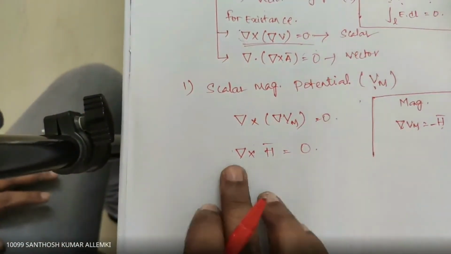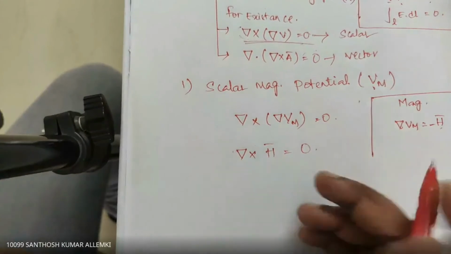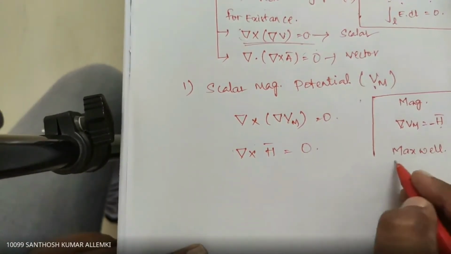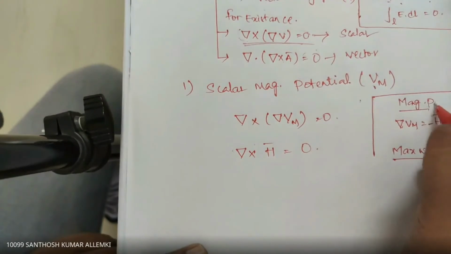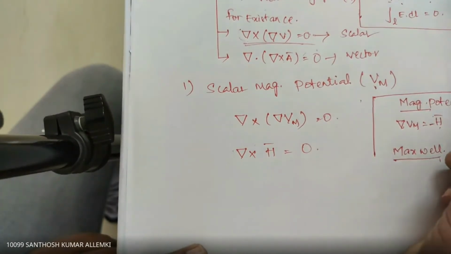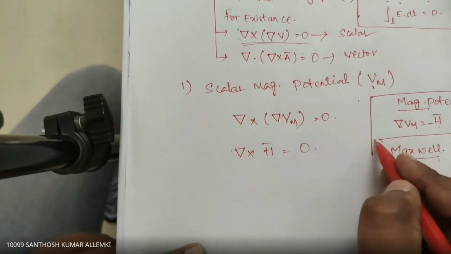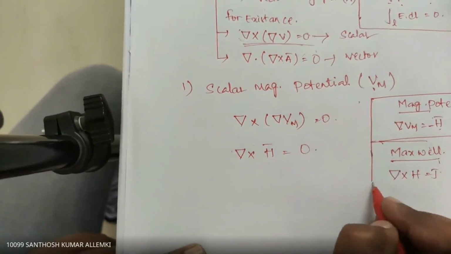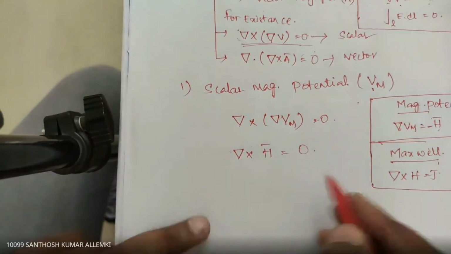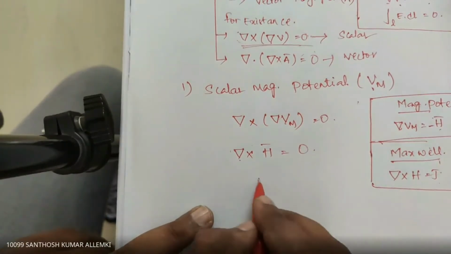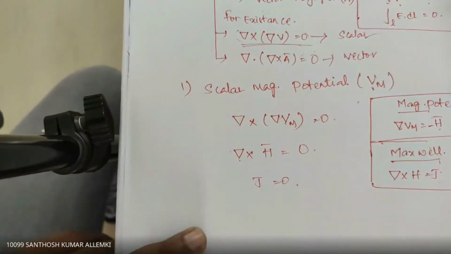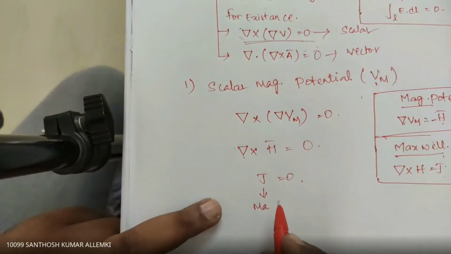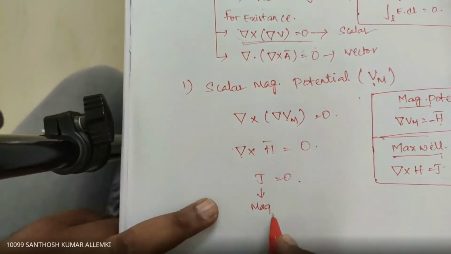But del cross H can be represented using the Maxwell equation. From the Maxwell equation, del cross H is equal to J. So simply you can write del cross H as J is equal to 0, where J is the magnetic current density.